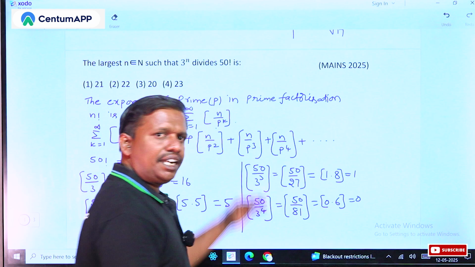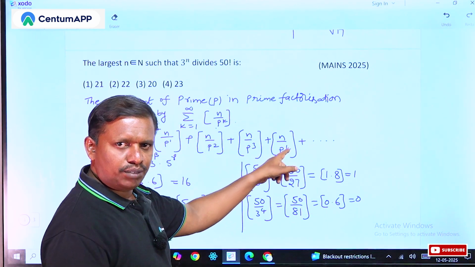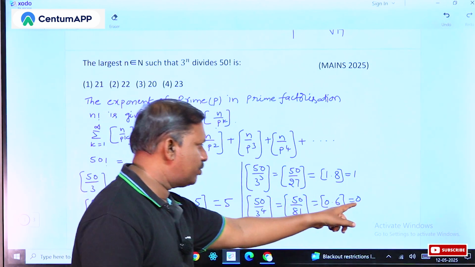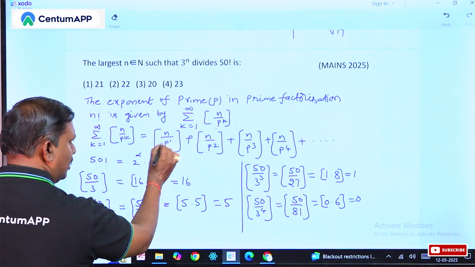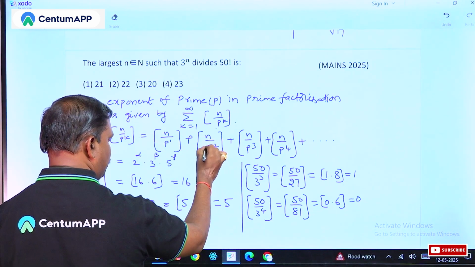See, until 0 comes we can expand these terms. Here the bracket of 50 by 3 power 4 gives us 0. Now we can add all these, because the bracket function of n by p power 1 plus the bracket function of n by p square and so on.